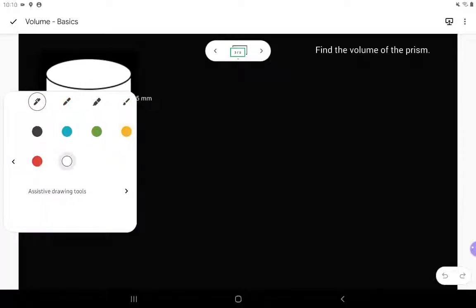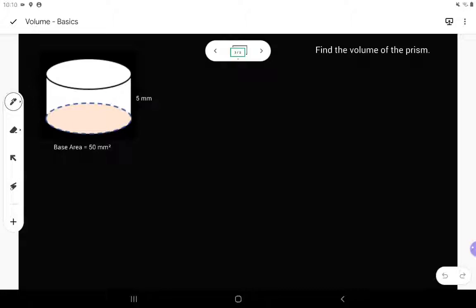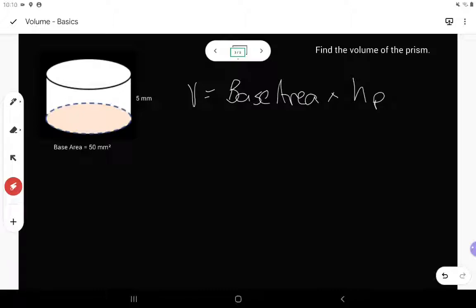Well, the nice thing is the formula doesn't change here, so it's still volume is equal to that base area times the height of the prism. And in a cylinder, the base area has to be the area of this circle. And I've colored it in orange to say here is our base area.